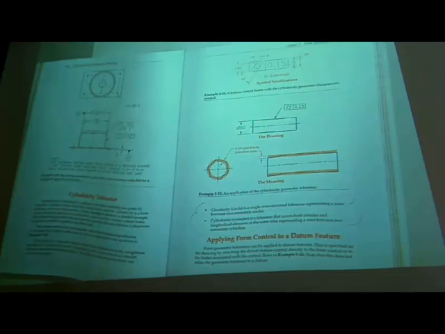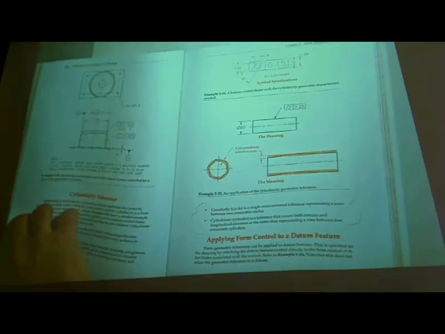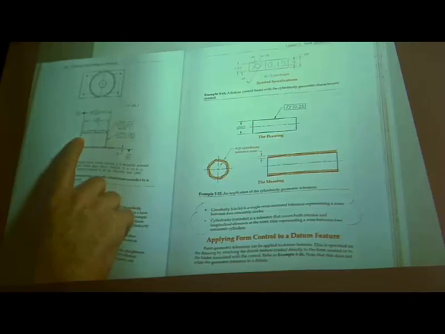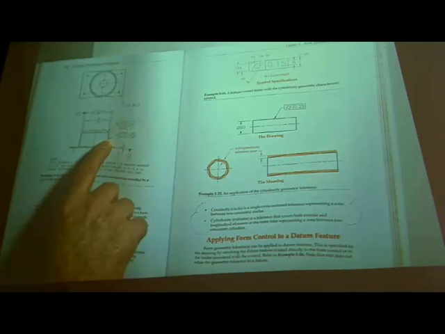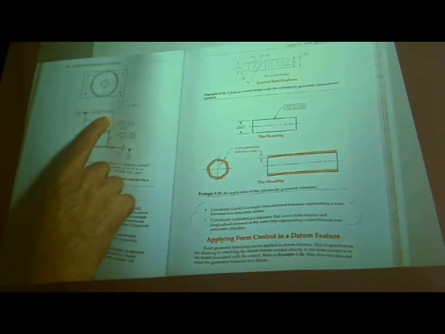So this particular part here would be like a fixture. The best that I can see is what we're looking at here. The circularity is specified, and it's actually part of the datum.